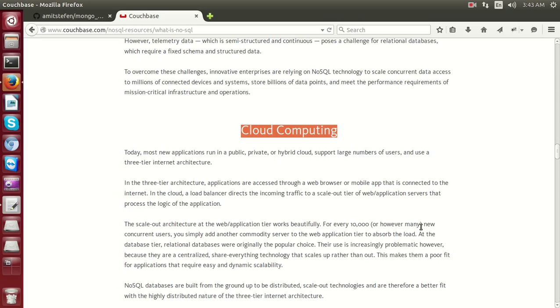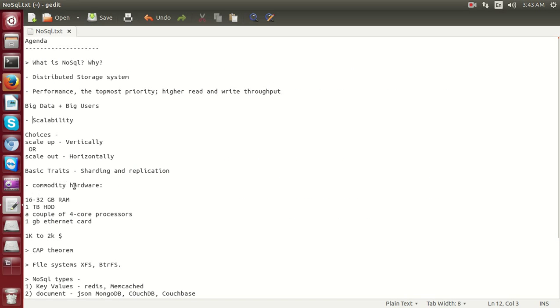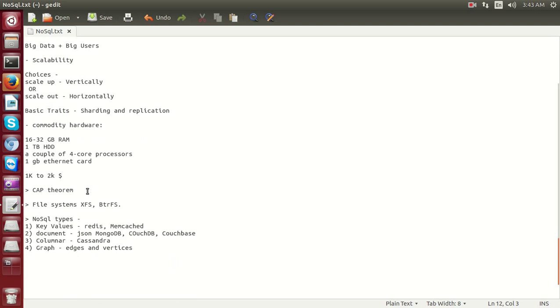So most of the cloud providers provide you with what is known as commodity hardware. Let's take a look at what could actually be a commodity hardware. Actually, a couple of my friends were asking me what could be the specification for a commodity hardware.